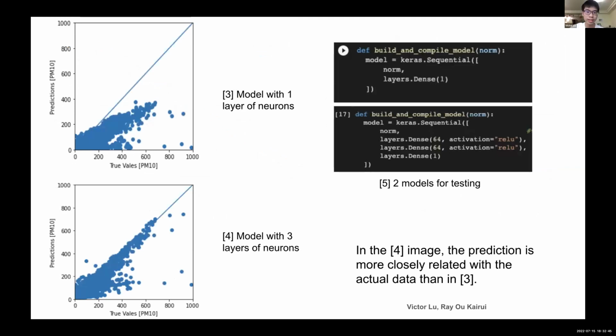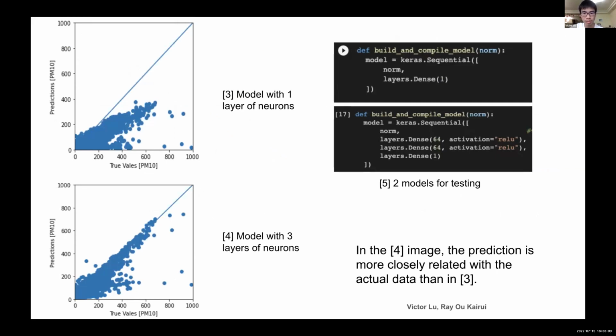The 2 graphs on the left represent the degree of fitting of the predictions of the 2 models. Theoretically, the points with coordinates of actual data and prediction should lie strictly on the line y equals x. Obviously, we can see the first model does not perform quite well, since the scatter plots mostly deviate from the straight line.